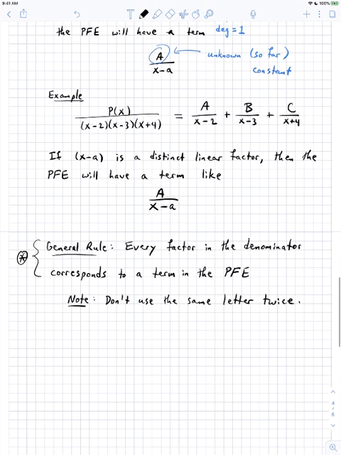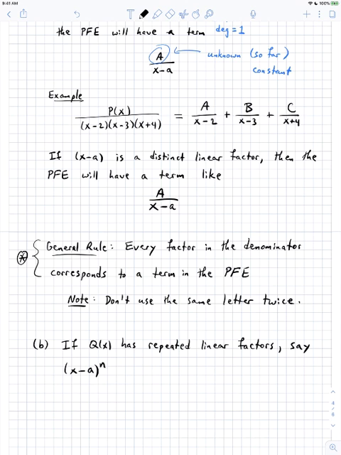Let's do case B. In this case, let's suppose that Q of x has not distinct, but repeated linear factors, say it looks something like x minus a raised to the n.